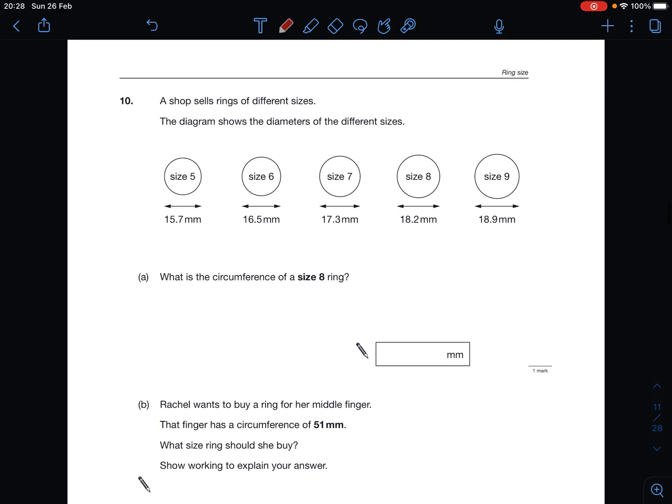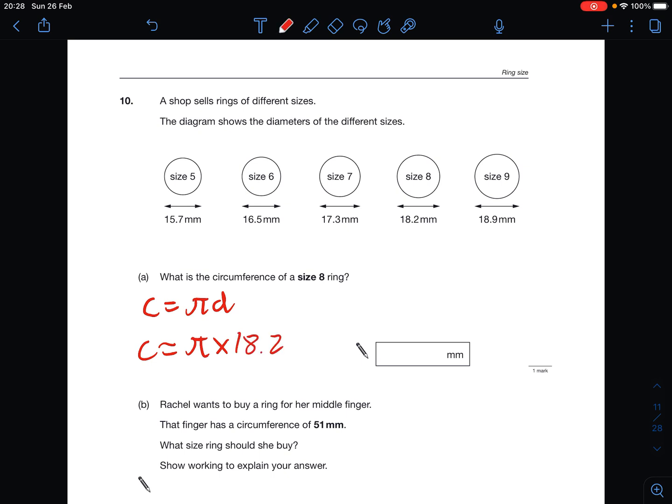Alright, circumference of a ring. Well, the formula for circumference, we have two. We have circumference is pi times diameter, or circumference is 2 pi times the radius. Since we're given the diameter, I'm going to use that formula, so I'm going to ignore that one. So for a size 8 ring, I'm going to do pi times the diameter being 18.2.